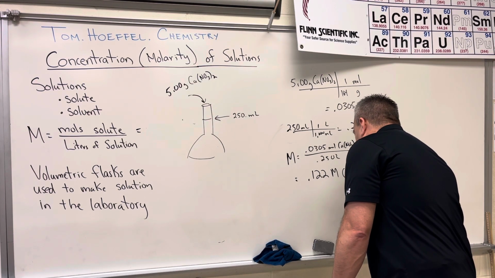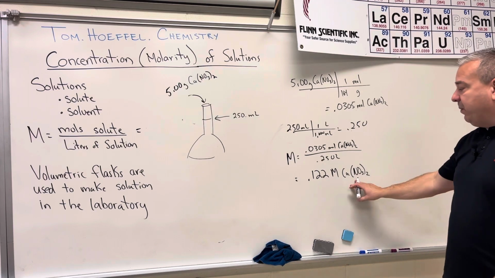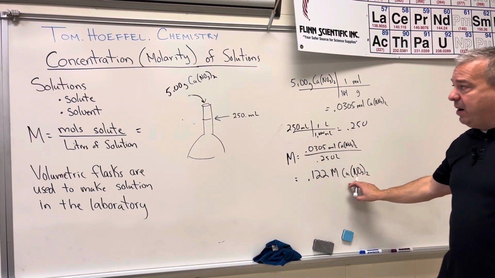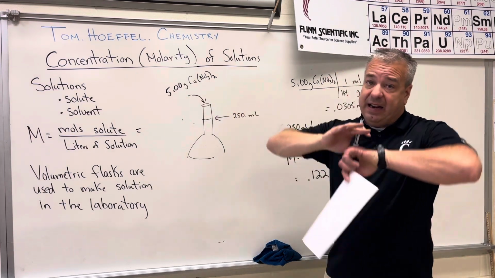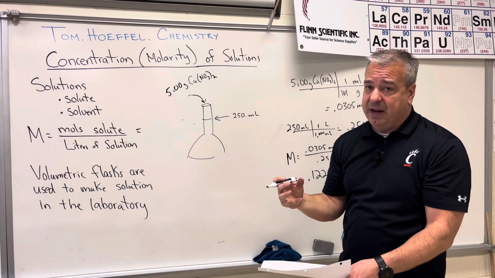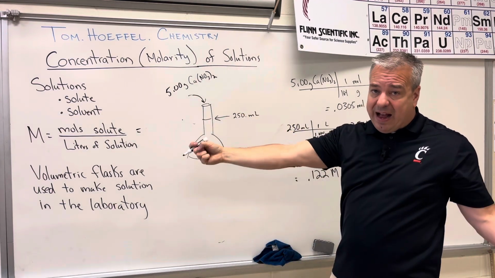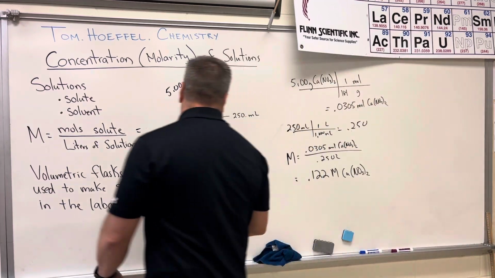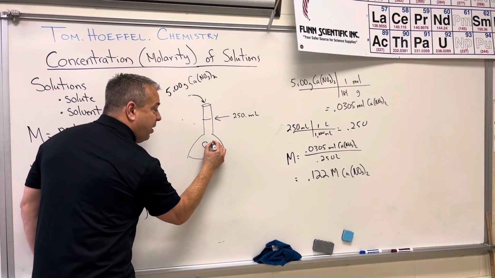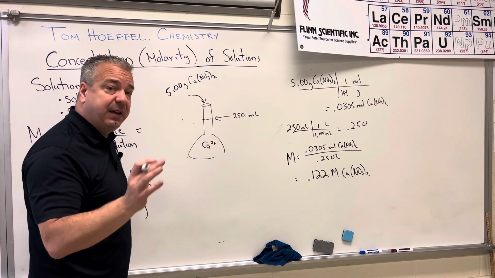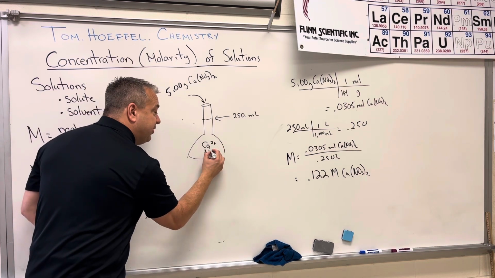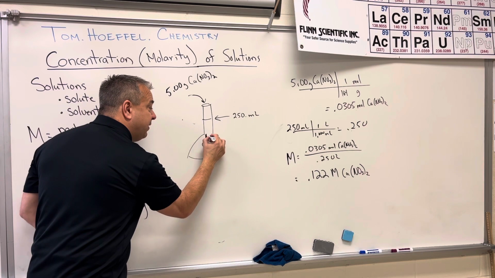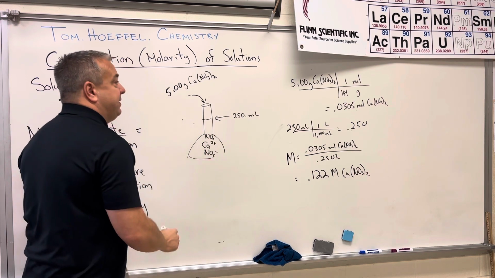Okay. Now remember, when the calcium nitrate dissolves in the water, you're not going to find any molecules of calcium nitrate. They're going to go through the ionization process and split up into their positive and negative ions. And for every 1 positive 2 ion of calcium, you're going to have double the amount of nitrate ions. Okay?